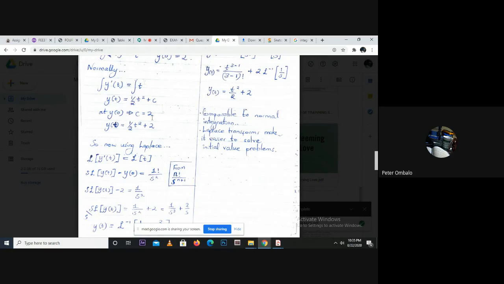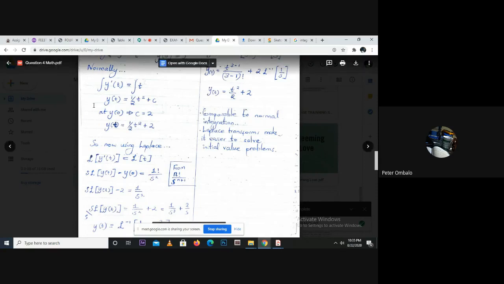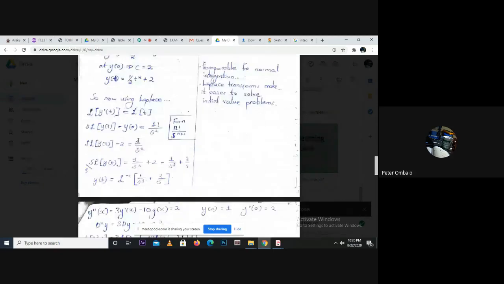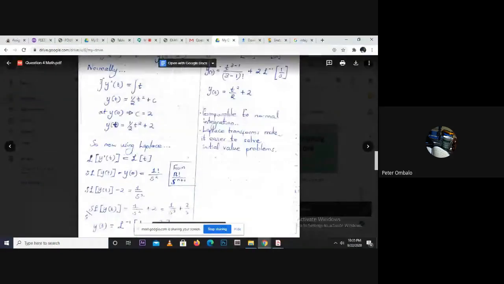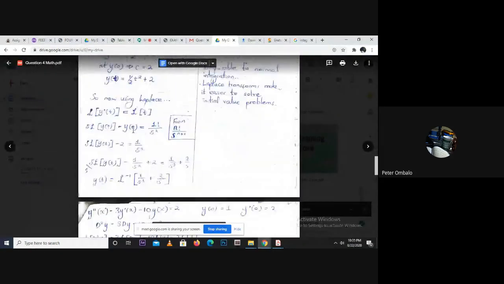So y at 0 gives us a constant of 2. Then our function y of t is expressed as a half t squared plus 2. This is what we already know, how to find a function from a given derivative, whether first or second, by using antiderivatives. Now let's see how we can use the Laplace transform for the same function, to figure out its antiderivative.